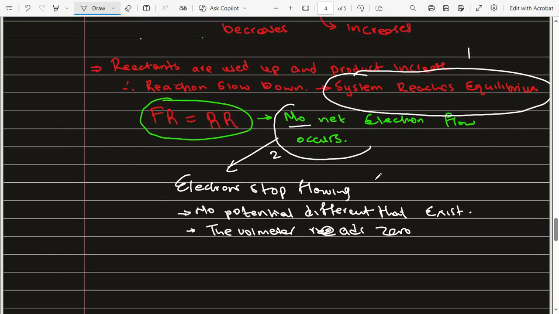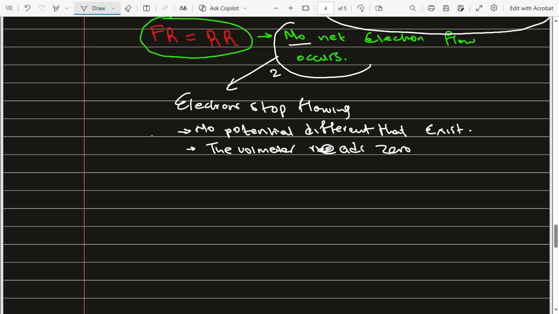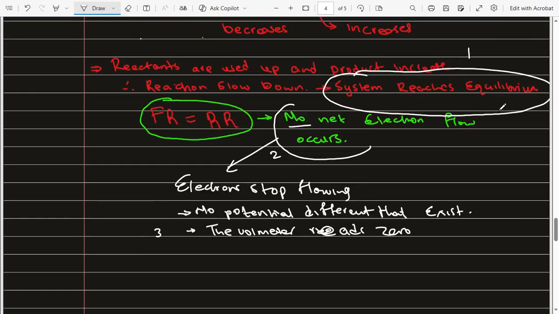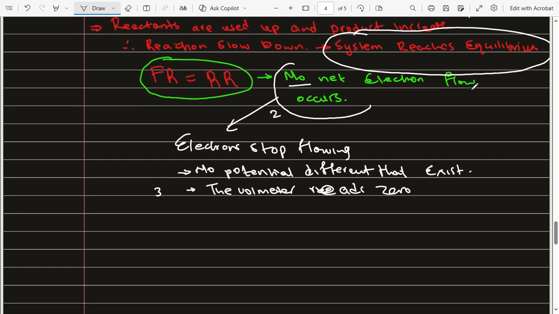Therefore, the potential difference becomes 0, that's 3. So if you can say the system reaches equilibrium, no net electron flow occurs, and there is no potential difference that exists, of course, you'll definitely get all the marks.